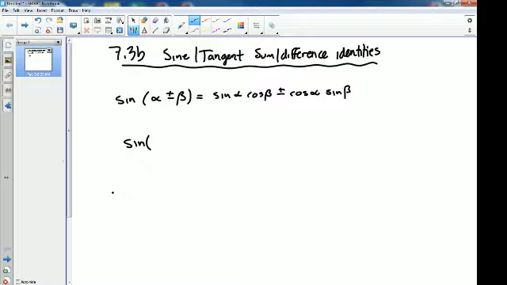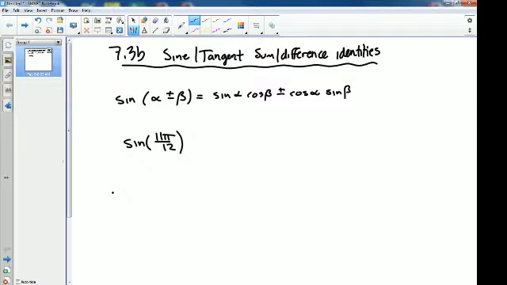Let's try this one. Hopefully it works out because I'm winging it. Calculate the value of sine 11 pi over 12 using, now is this on the unit circle? No, it's not. Dang it.